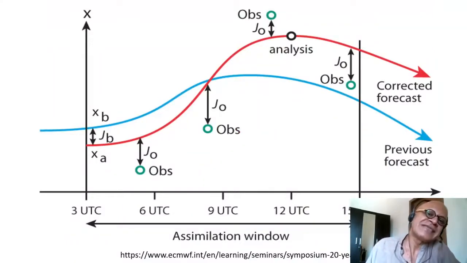Data assimilation techniques have evolved. There is a huge community that keeps on developing new techniques and improving data assimilation in terms of representing the errors in the data, representing errors in the models, and how to blend the data without shocking the system.